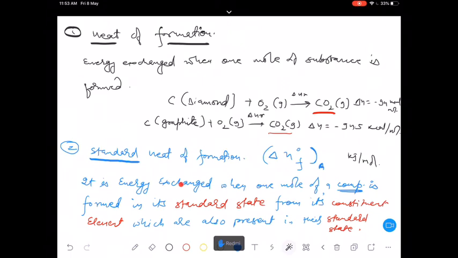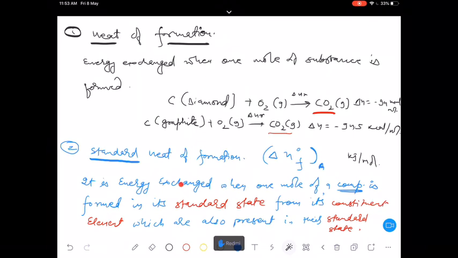Understood? Sir, which means if CH4 is formed from only carbon and hydrogen, then only standard state of formation. Yes, exactly. That's what we are going to discuss in the next part. If it is formed some other way, it won't be considered standard heat of formation.